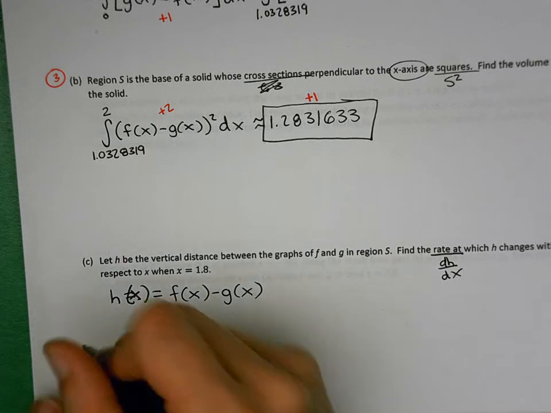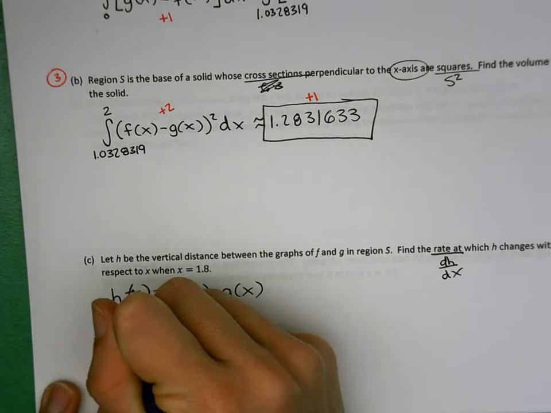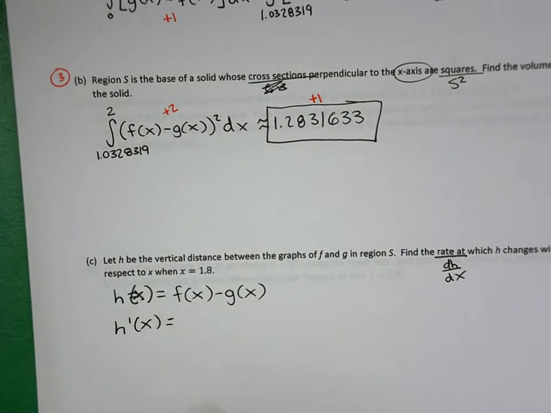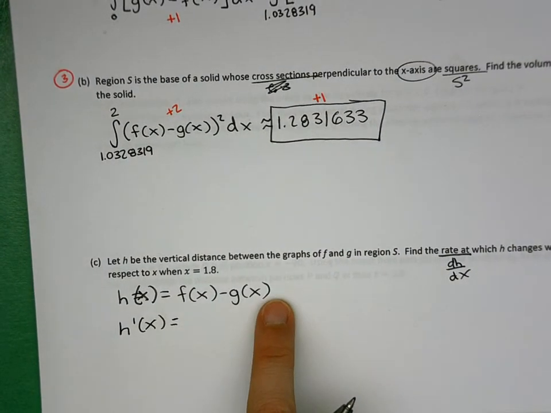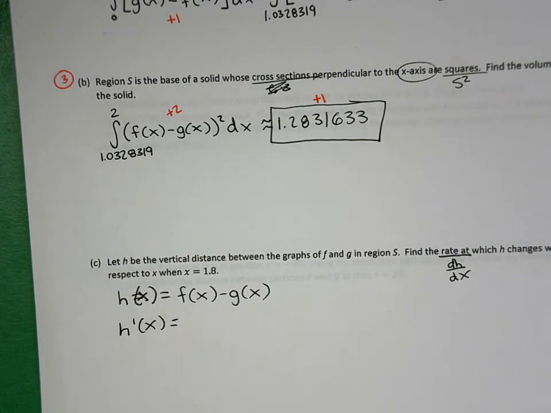So my derivative of H is going to be the derivative of F minus the derivative of G. And so you have two options here. One, it is a calculator one, and so you could use your calculator to help you figure out the derivative at 1.8. I will do that very shortly.